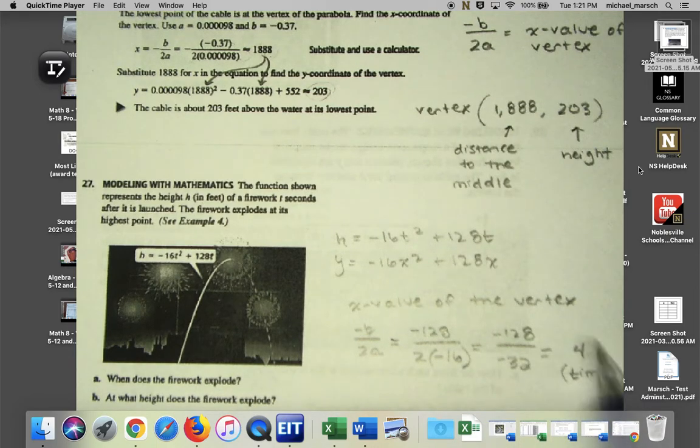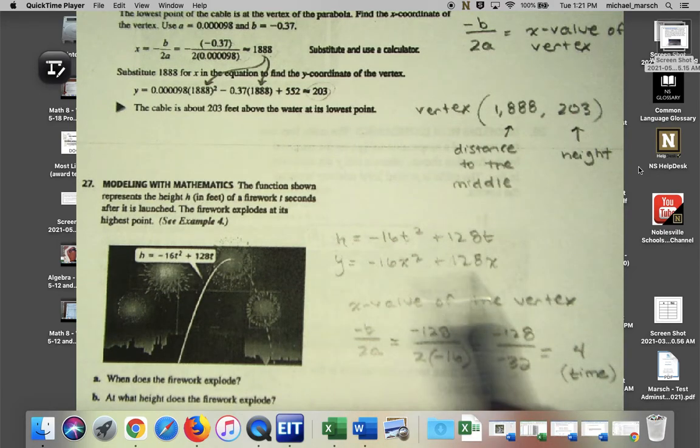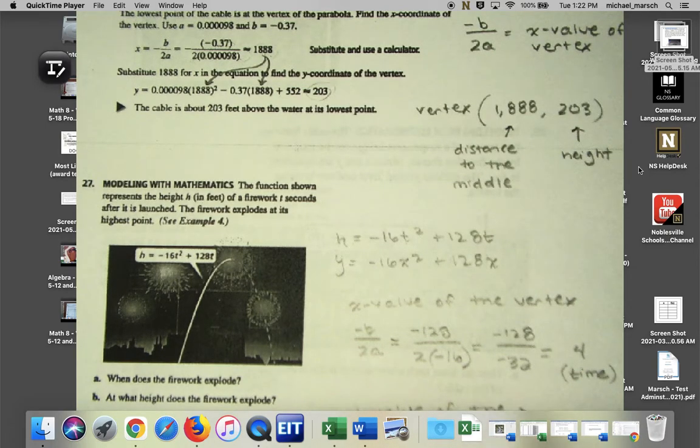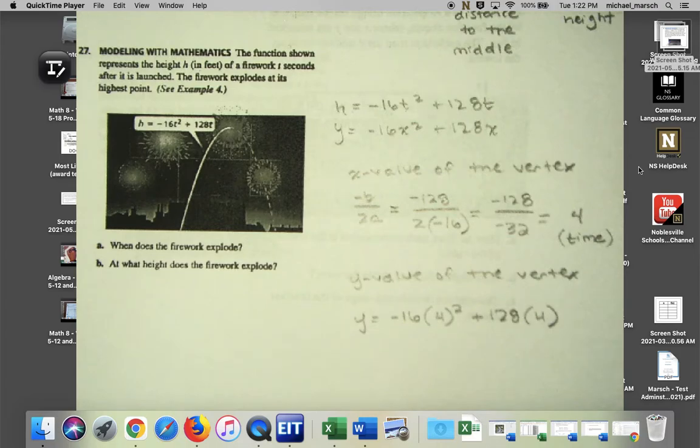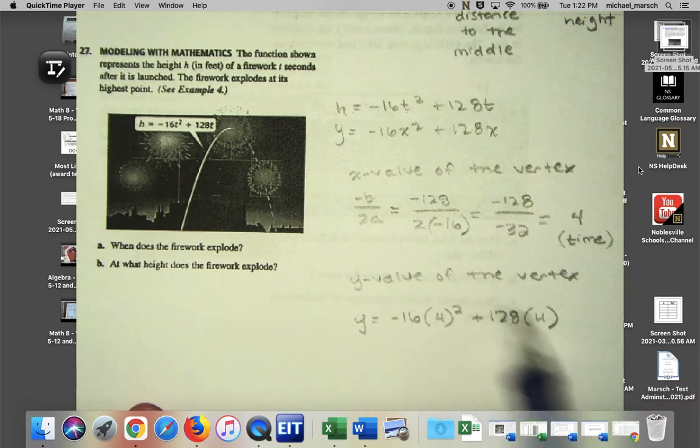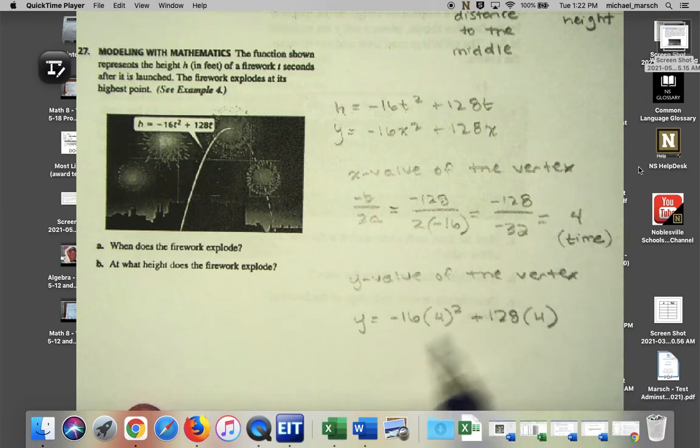Now we're going to take this 4, put it back into the quadratic, and find our y value. We're going to substitute. So the y value of the vertex: y equals negative 16 times 4 squared plus 128 times 4. Is there anybody that doesn't understand where this came from? I took the 4, put it in where the x's are.